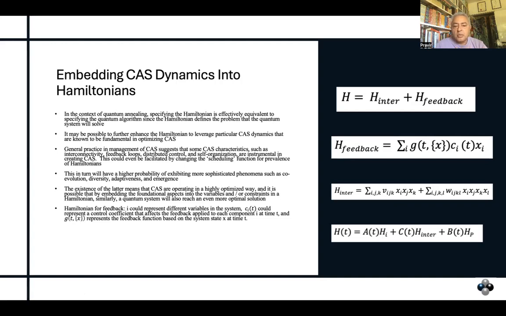And so what happens here is that you've now got a new scheduling function that incorporates CAS dynamics in it. In effect, you've incorporated a more complex algorithm that has CAS dynamics in it now.